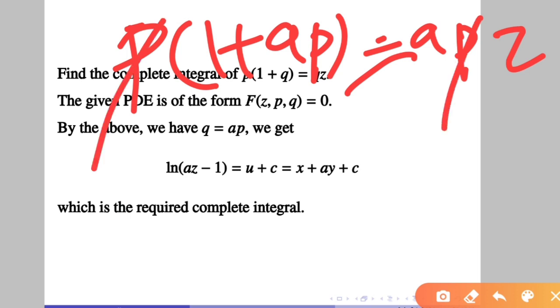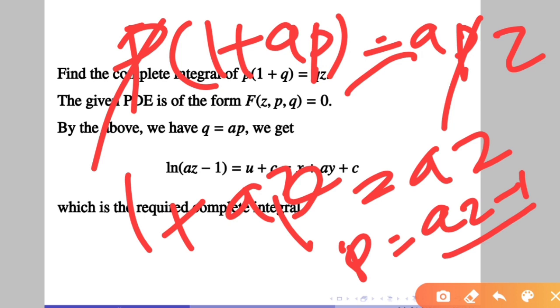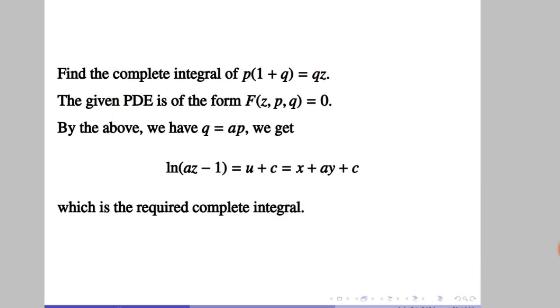So we are getting 1 plus ap is equal to az. So we are rewriting this as ap is equal to az minus 1, p is equal to (az minus 1) divided by a. So we are getting this format. So the solution is log of (az minus 1) is equal to ax plus ay plus c.